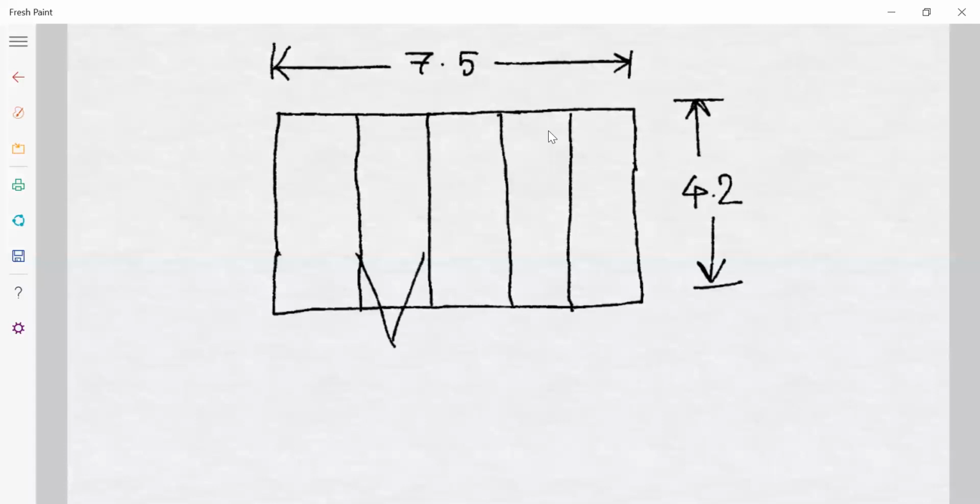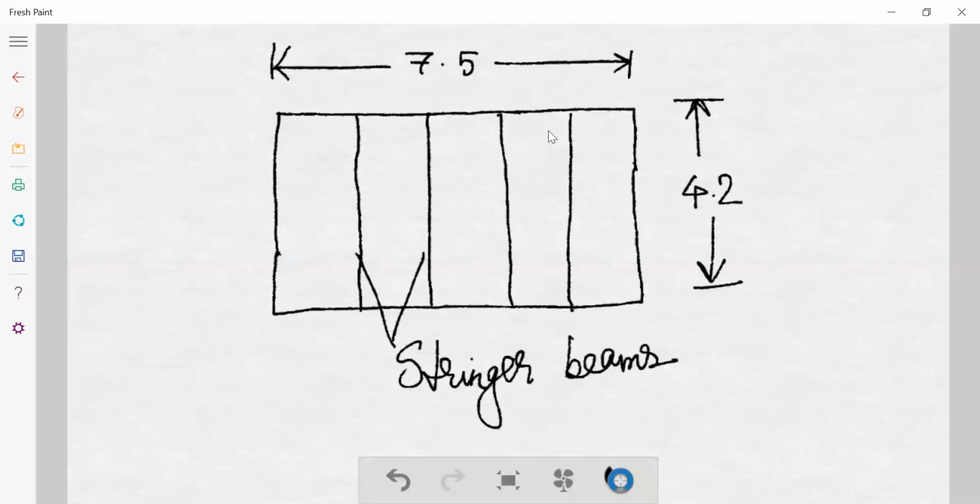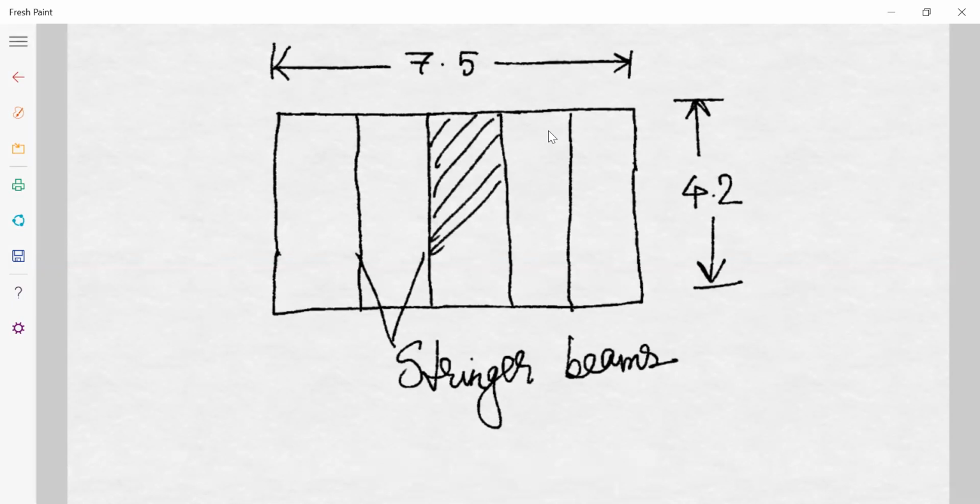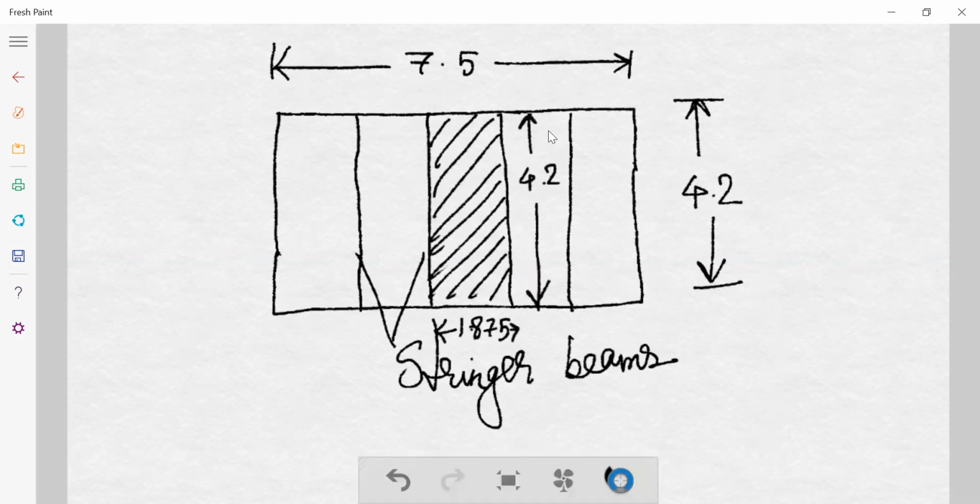For analysis, what we have done is we have taken one particular panel, which is 1.875 by 4.2, and we move from this side.